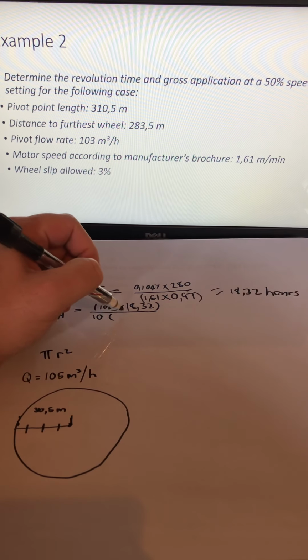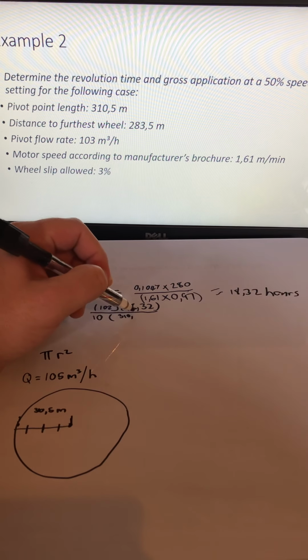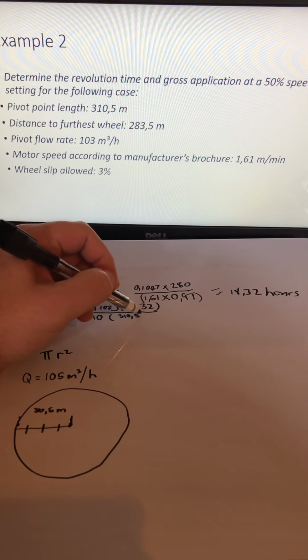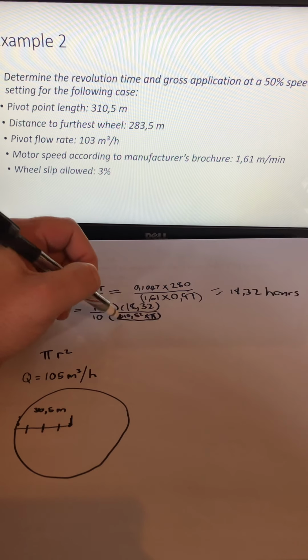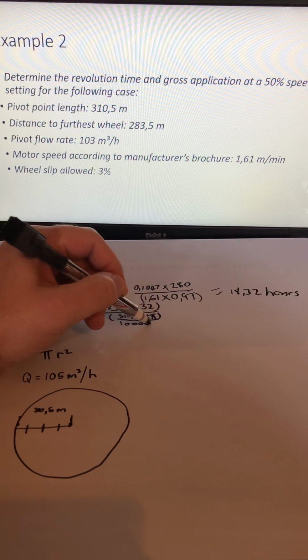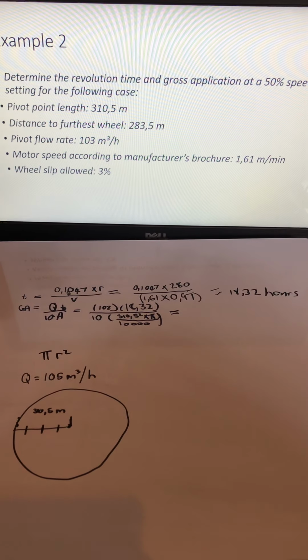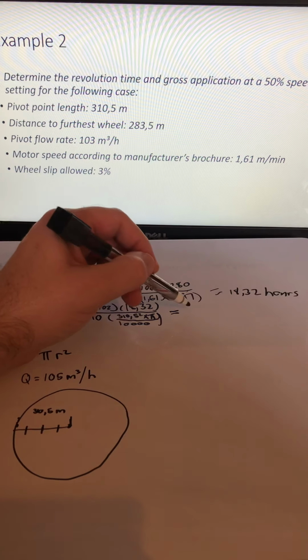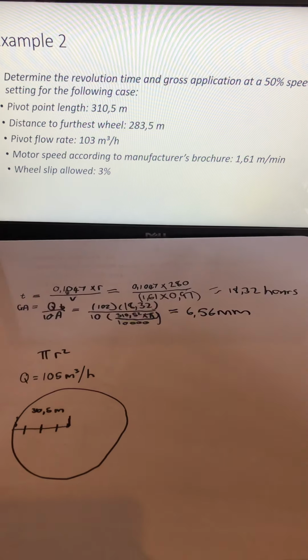So you'll take 310.5 squared times pi, and then divided by 10,000 to get your hectares, and that'll give you an answer of 6.56 millimeters.